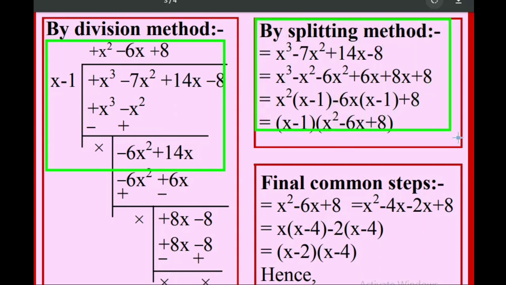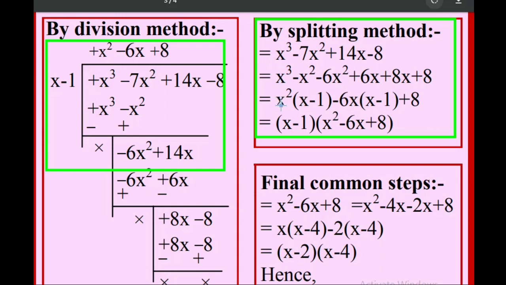And I find that this method of extracting x minus 1 as a factor, so that we get the remaining value as quotient, is much better than the division process, that I feel. If you practice, you too can easily understand how to write the solution this way.